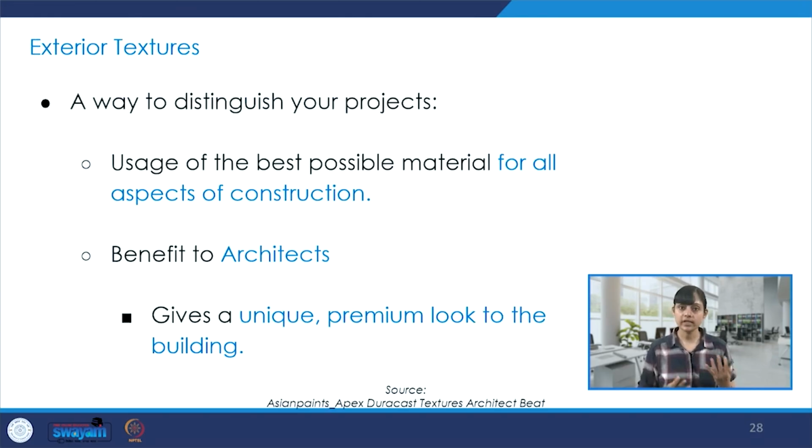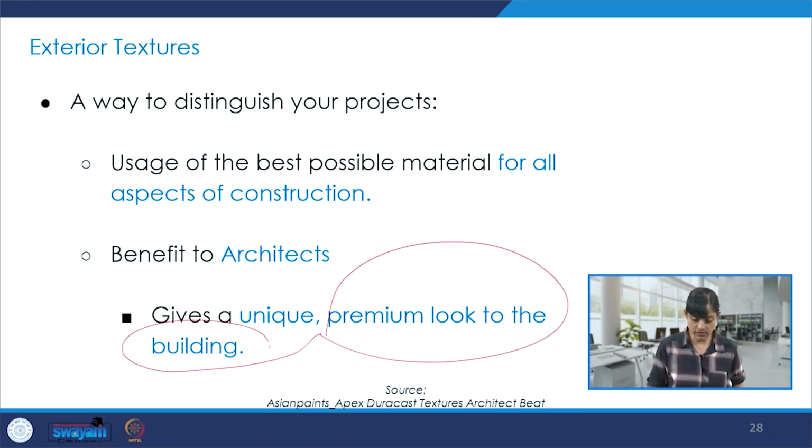So, what are exterior textures and how can they help an architect and how can they benefit a client? There is this possibility of achieving a very unique premium look in our interior spaces through these textures and finishes, and how we can use them for our advantage to enhance spaces and create a very nice design vocabulary.